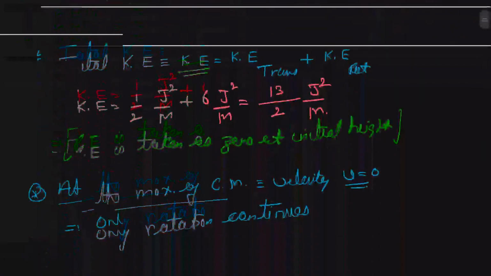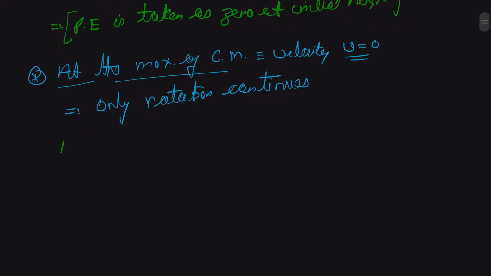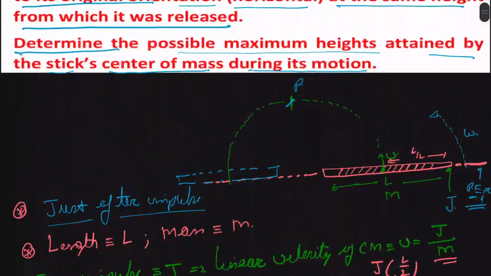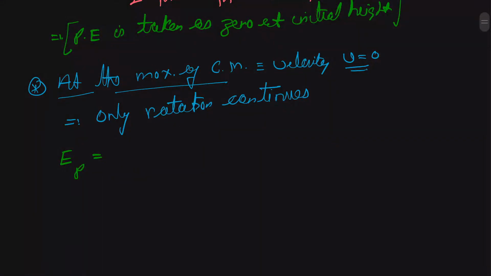Therefore, we can write that the energy at point P, and suppose this height is h, will be our potential energy, that is mgh, plus our rotational kinetic energy.